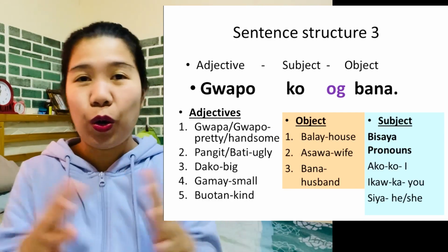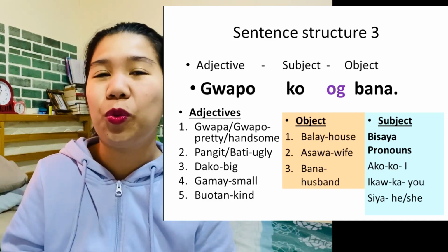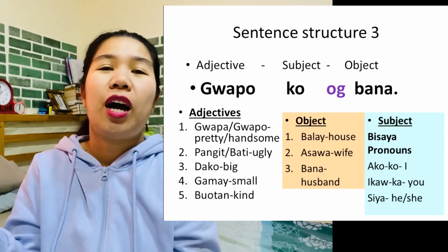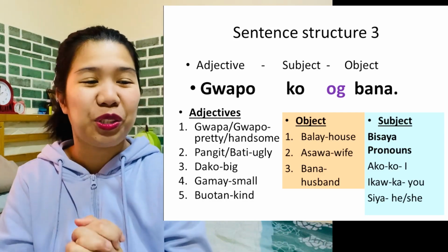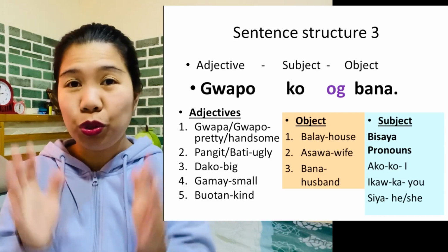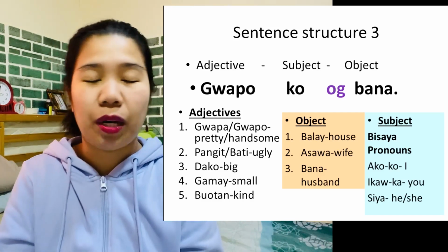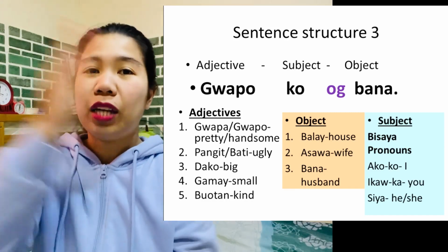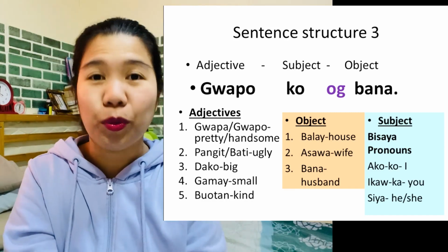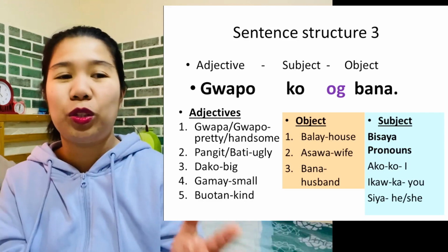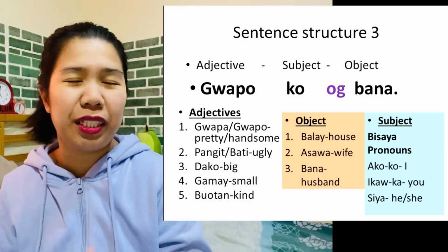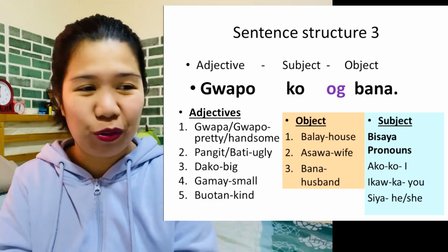Even though we understand what you are saying, the arrangement of the words is actually an error. So again, let me remind you, usually if your subject is a pronoun, it comes before the object. It will follow the adjective, then your subject, which is the pronoun, followed by the object. I hope it's clear and you're not confused.